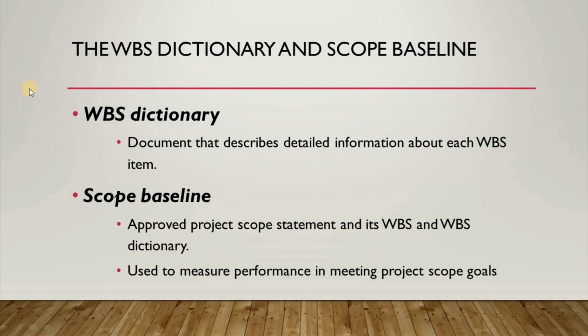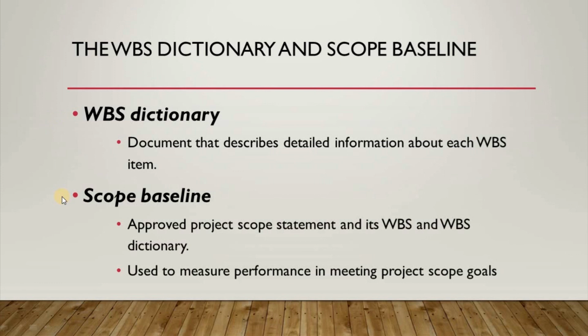The work breakdown structure dictionary and the scope baseline. Work breakdown structure dictionary, a document that describes detailed information about each work breakdown structure item. The work breakdown structure dictionary describes each component of the work breakdown structure with milestone, deliverables, activities, scope, and sometimes dates, resources, cost, quality.